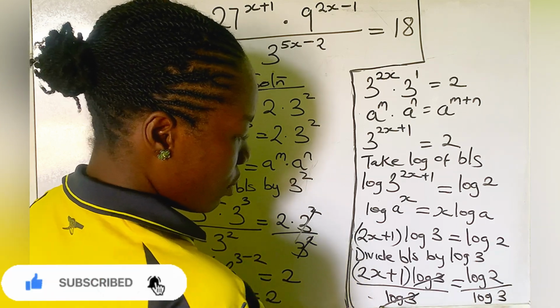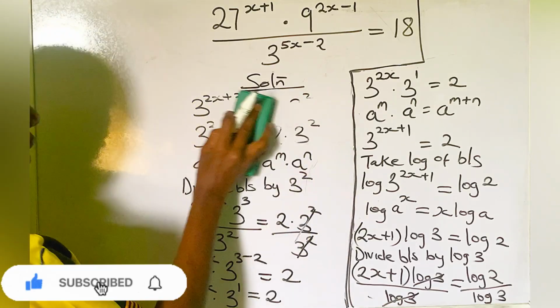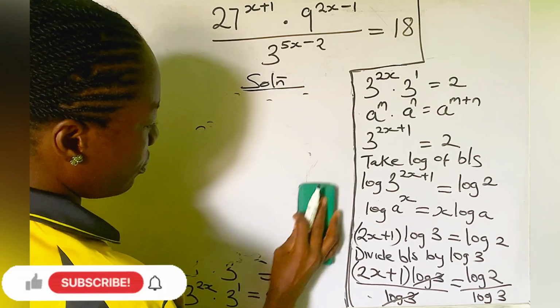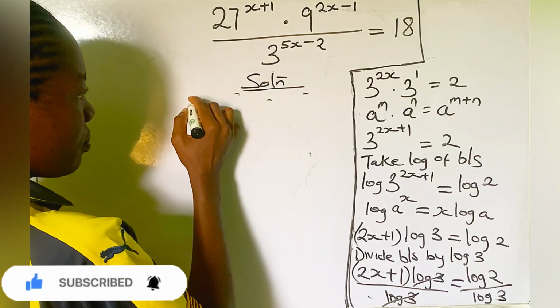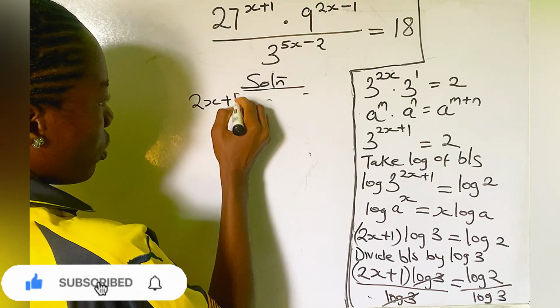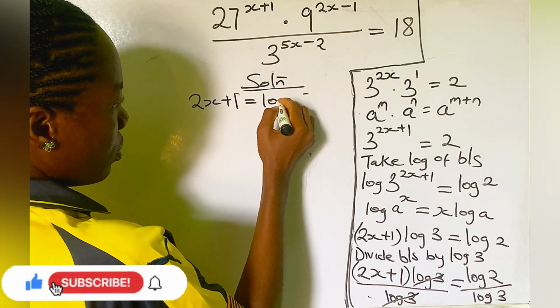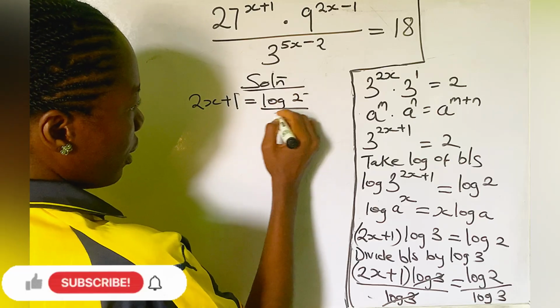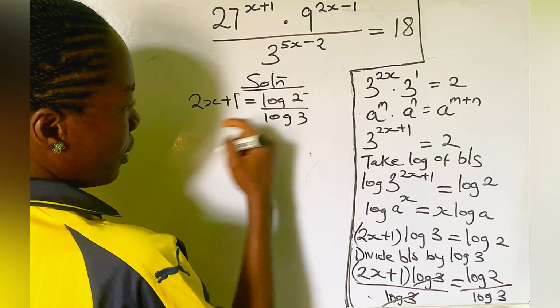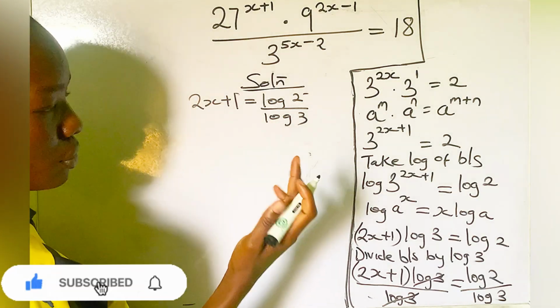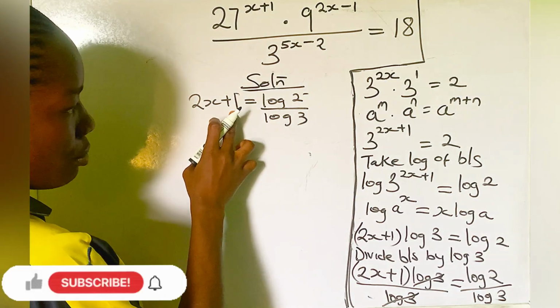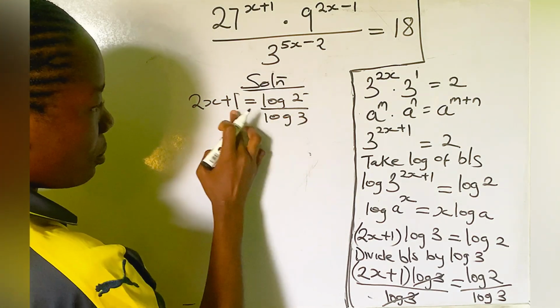So log 3 cancels log 3. Then we have here 2x plus 1 is equal to log 2 over log 3. We are looking for the value of x. So the safe thing to do is to subtract 1 from both sides, the left and the right.